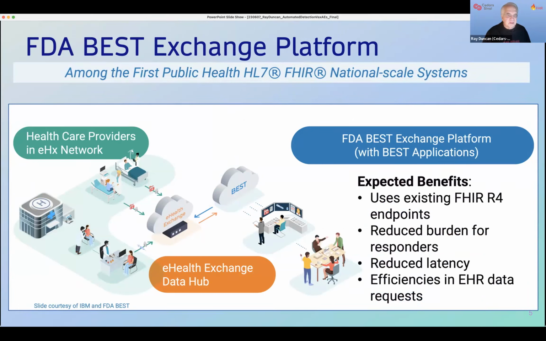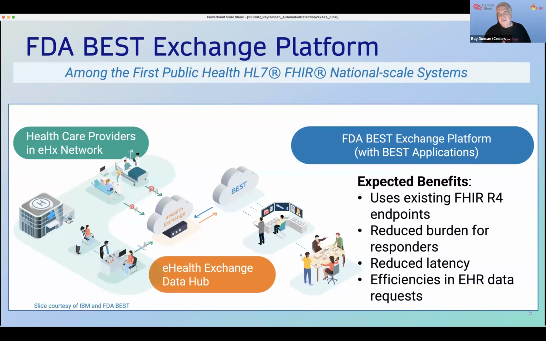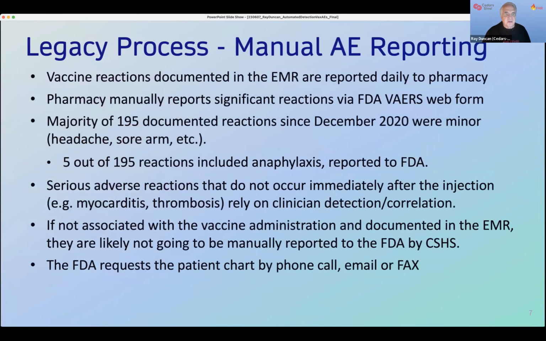It's called BEST, and it uses the eHealth Exchange, which is one of our national networks in the United States, along with Care Equality, which is the other large one, and Commonwealth, which is somewhat smaller, to exchange data with provider organizations and with physician offices. It does use FHIR revision 4. And so I'll just talk a little bit about what happened in the pilot.